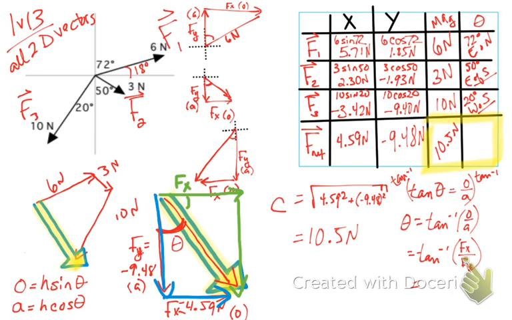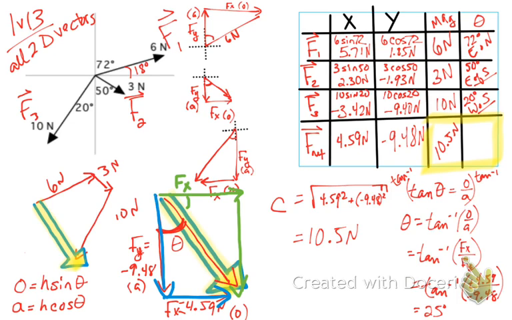All right, so we're going to take the inverse tangent of 4.59 divided by negative 9.48. When you do that math, you end up with 25 degrees.